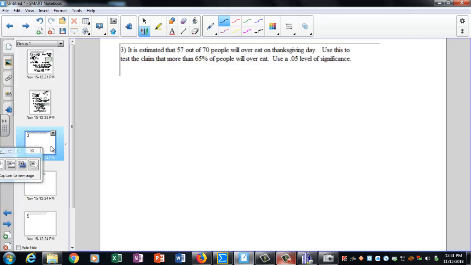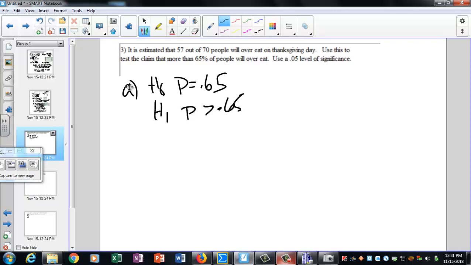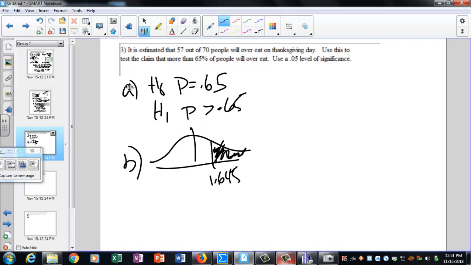All right. So we're going to test the claim that 65% of the people will overeat. So A is H0: p is equal to 0.65. H1 is that p is more than 0.65. Do we agree? Part B, this is a right tail test, yes. For proportions, we have to use the z-score, so that's 1.645.